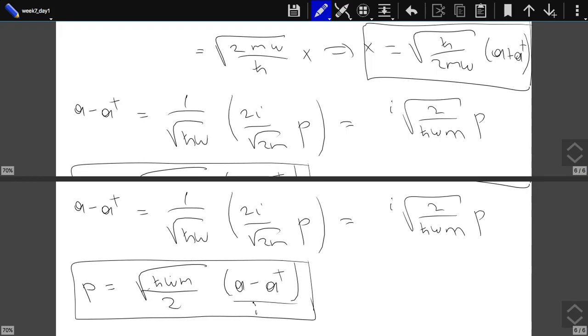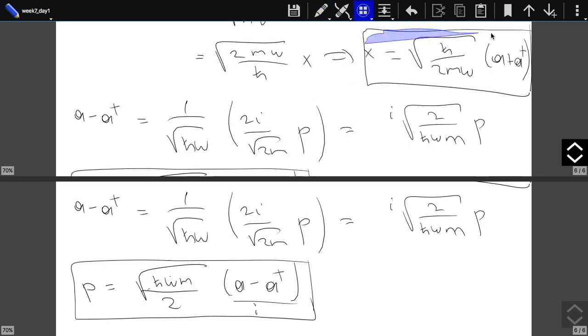Well, x and p are just like the real and the imaginary parts of these operators, A and A dagger, basically. So let me just write them on a single line.